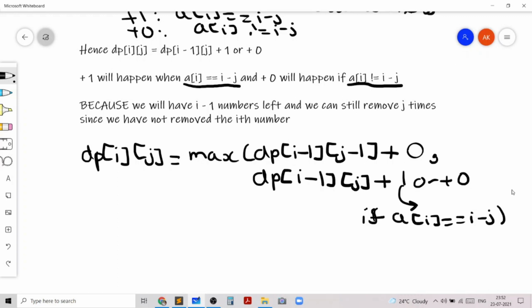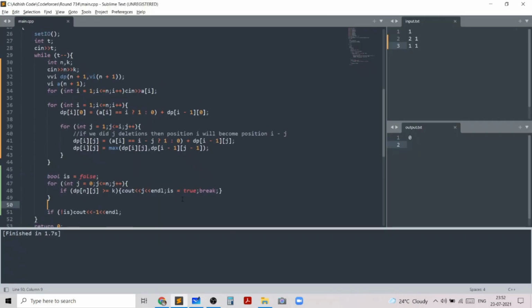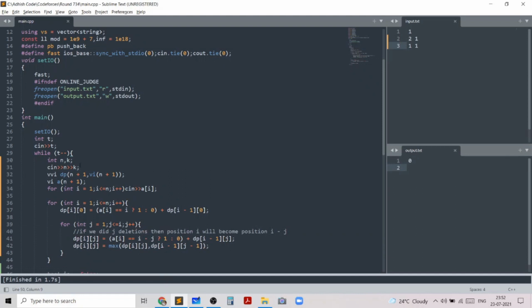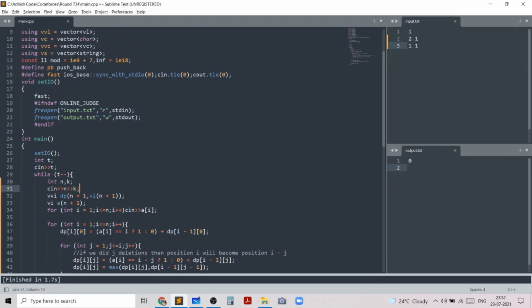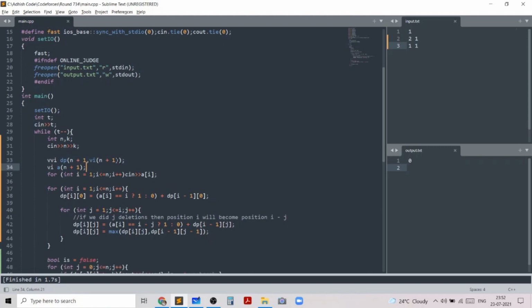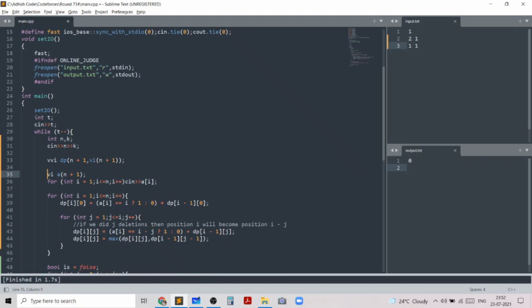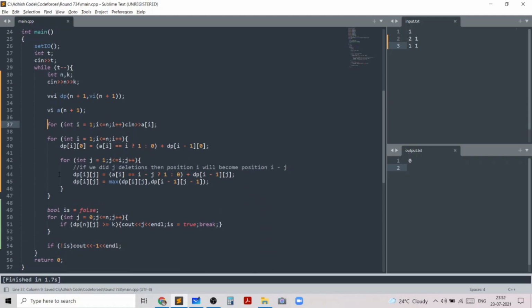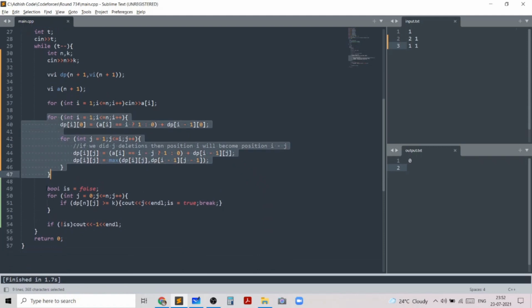So now let's quickly look at the code. The main part of the code is hardly 10 lines. So do see the code. In the code, first I read in the values of n and k and the array A itself. I also have a DP table of size n plus 1 by n plus 1, because that's the memory required for our DP table. Then I compute the DP table and I find the value of j.